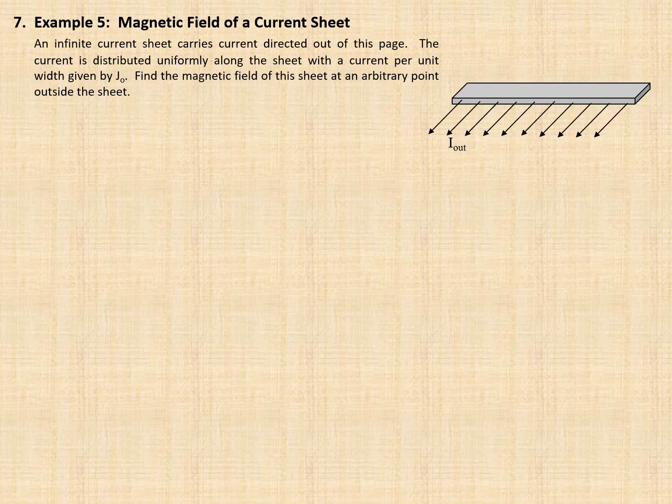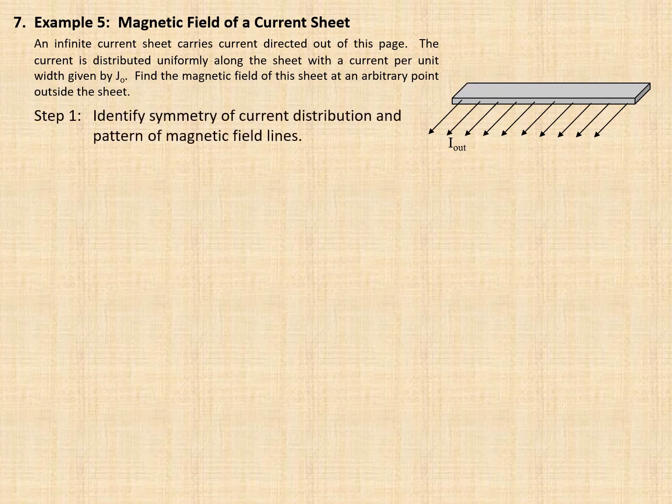We'll assume that the sheet is infinite in dimension and that the current is distributed uniformly along the sheet with a current density given by J naught. That is a current per unit width. We're asked to find the magnetic field for the sheet at an arbitrary point outside of the sheet.